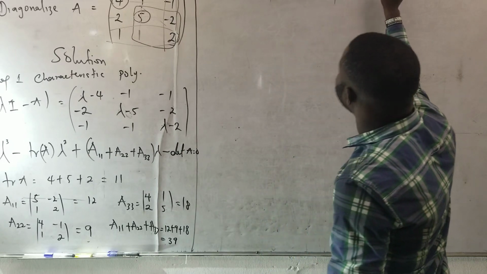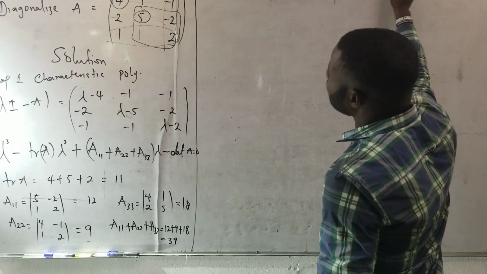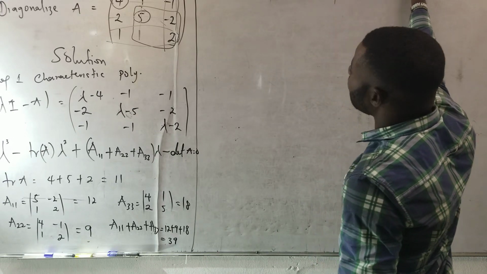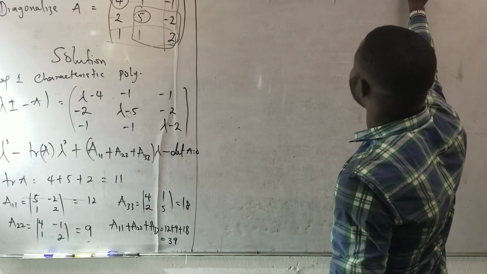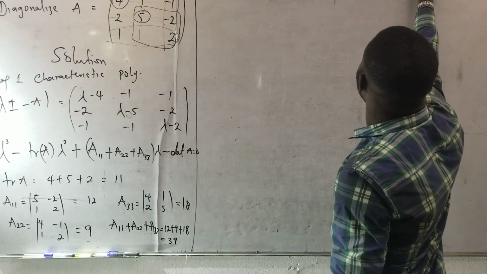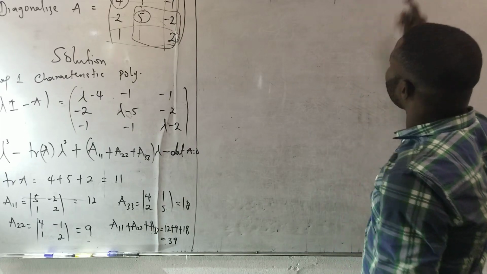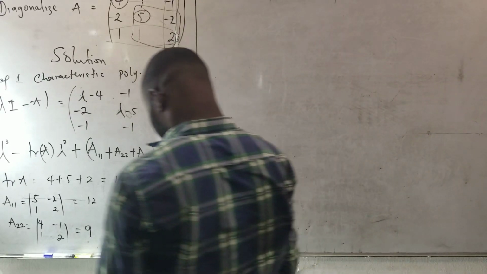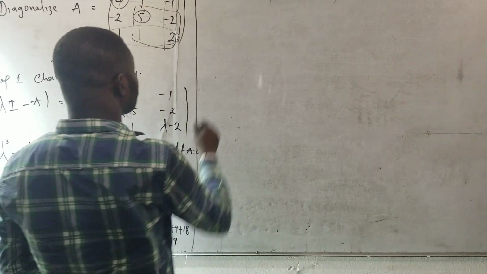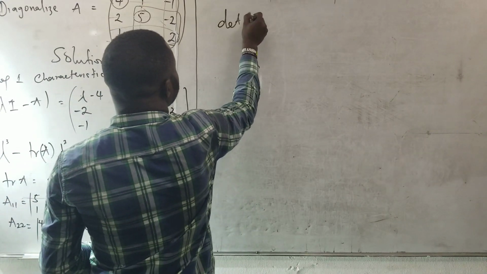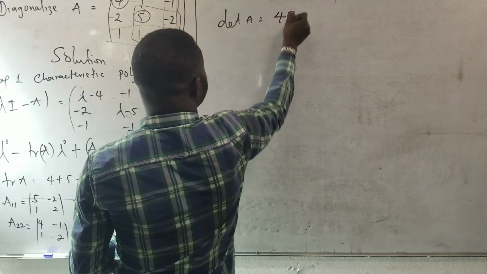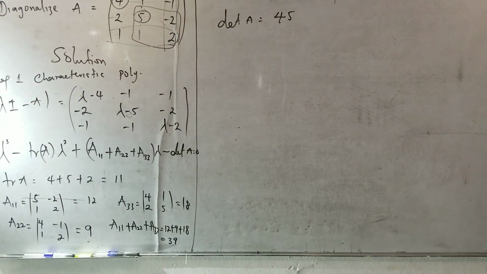And I'm talking about minus 1 into the bracket of what? Now, I think I'll be having 2, 1, 5, 1. Now, when you finish this, you are expected to have the determinant of A equals to what? 45. Please do that by yourself because of our time.